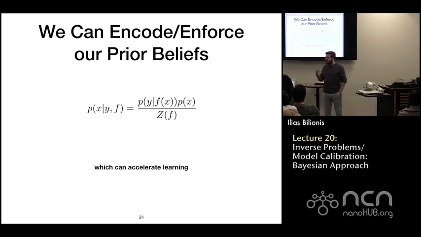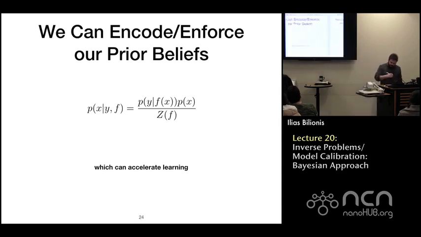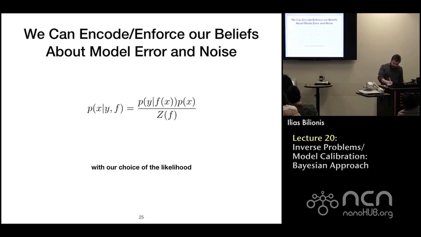And there's a huge amount of literature on how to force your prior beliefs in classical inverse problems. But here, in the Bayesian approach, it just goes there. You have a likelihood that has a very nice interpretation: it models the measurement process.